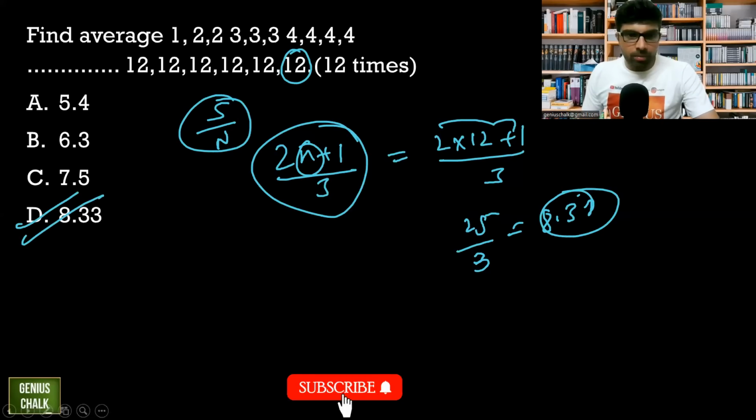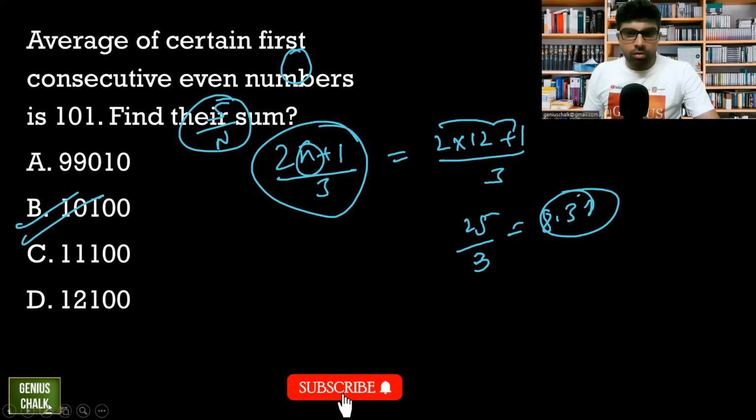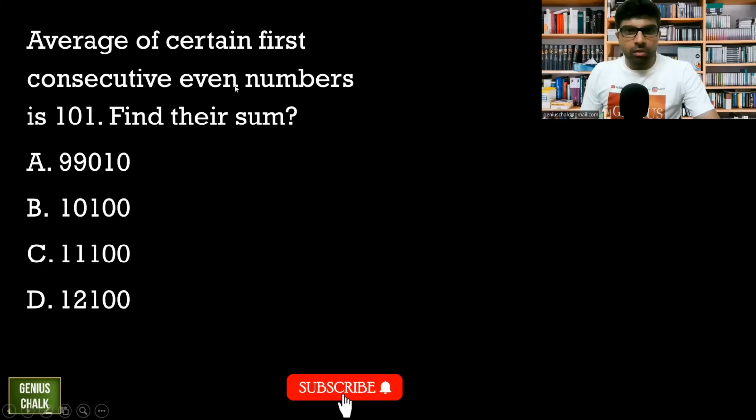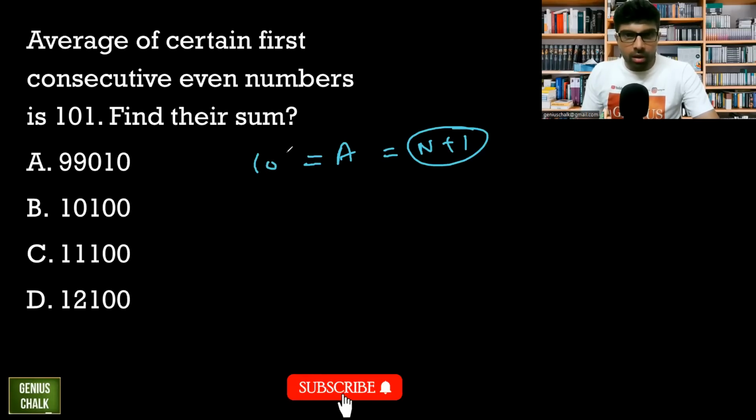Average of first certain consecutive even numbers is 101. Application of that: average of n consecutive even numbers is n plus 1. So if the average is 101, can you tell me how many even numbers were there?